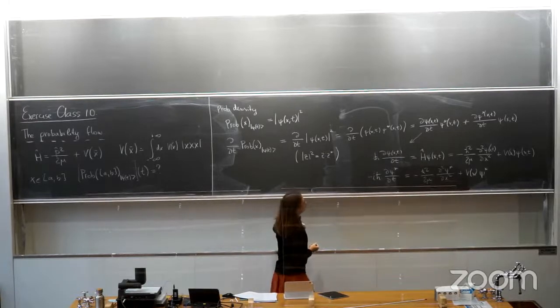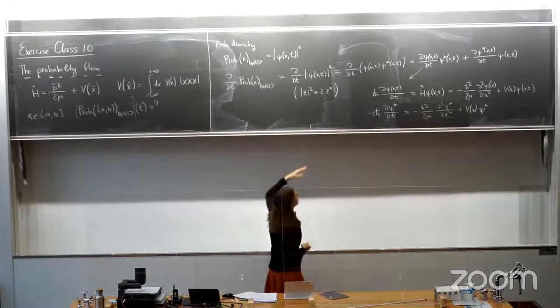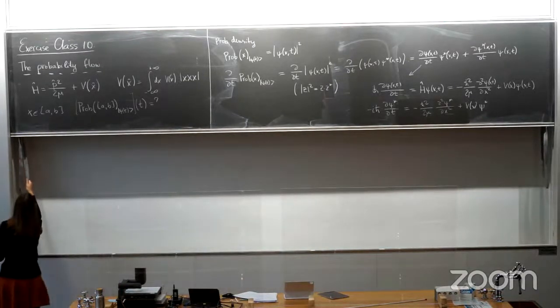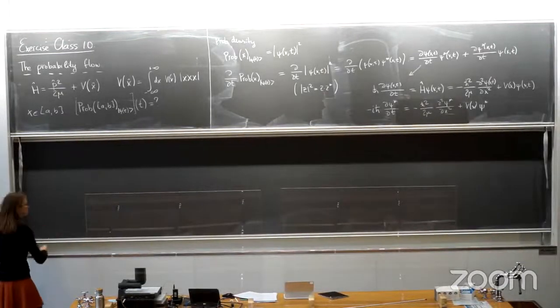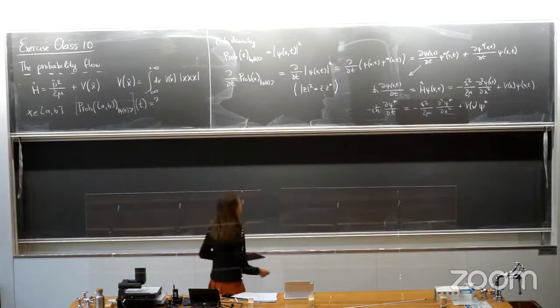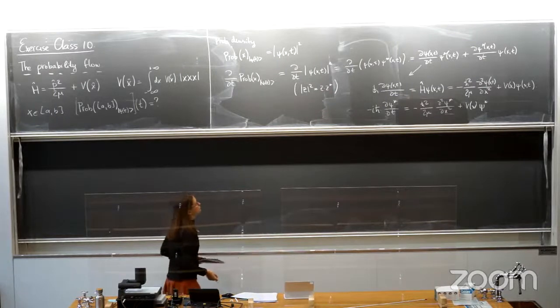Okay, so now we can express the derivatives of ψ and ψ star with respect to time. Basically what we need to do is divide both sides by iħ.